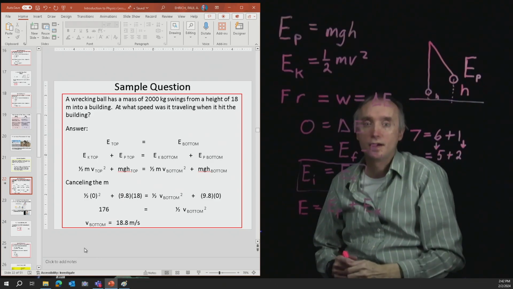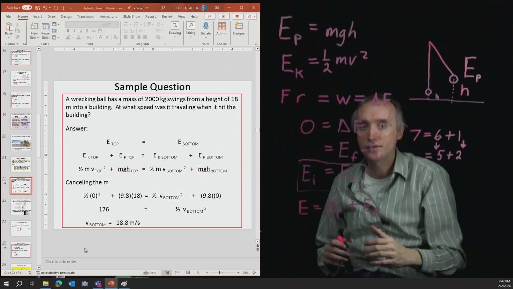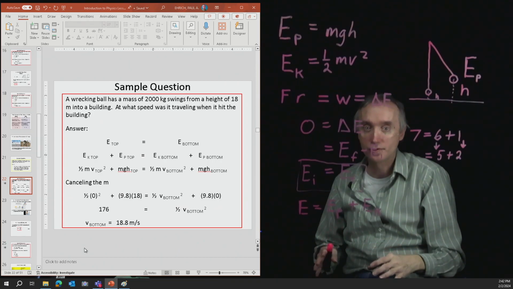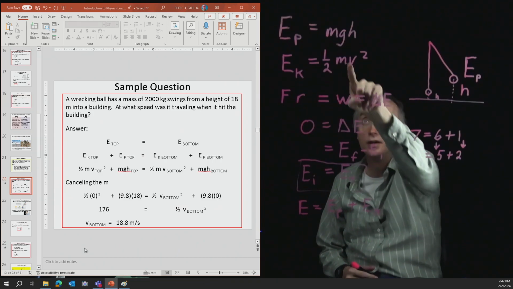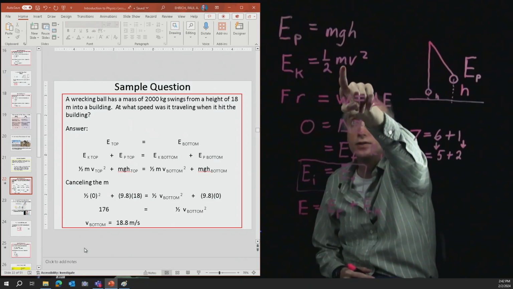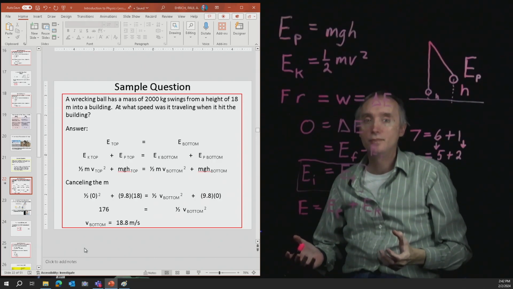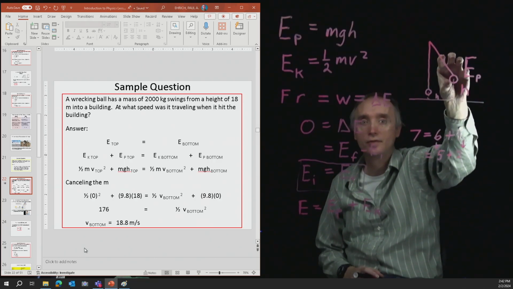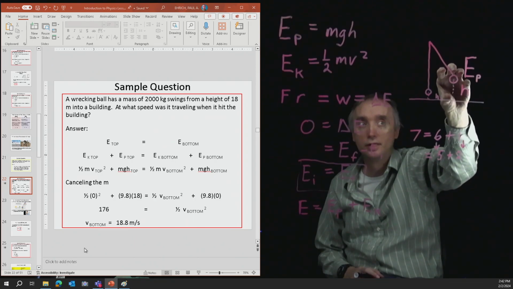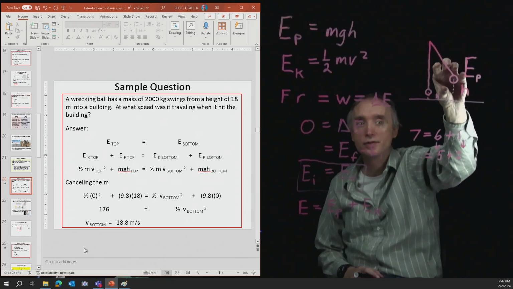Then the next step is to cancel out my m's. Do you see that every one of these equations has an m in it? So I can cancel it out. Now what does that mean? That means that the mass of the ball here really doesn't make any difference.